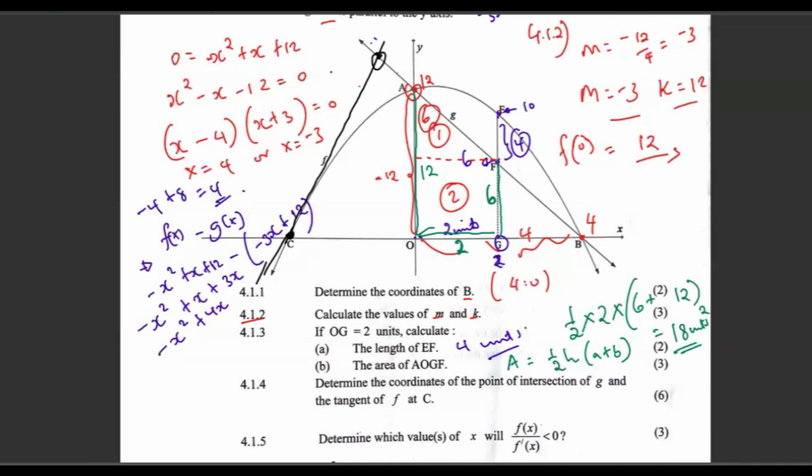How many marks is it? 6 marks. Wow. Okay. So what we need to do is get the equation of this tangent. If we can get the equation, then we are set to go.